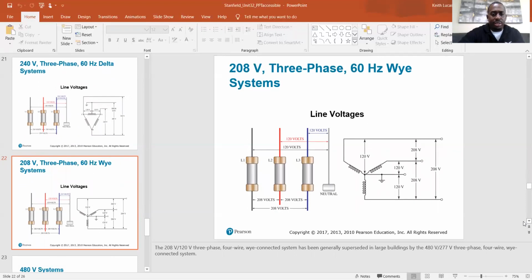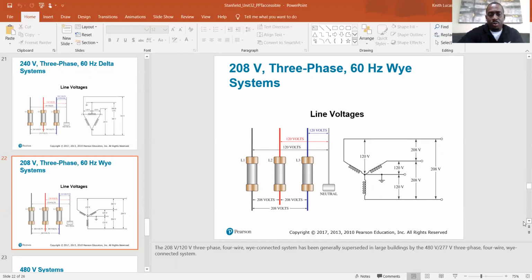All right, then the 208 volt / 120 volt three-phase 4-wire Y-connected system has generally been superseded in large buildings by the 480 volt / 277 volt three-phase 4-wire Y-connected system.